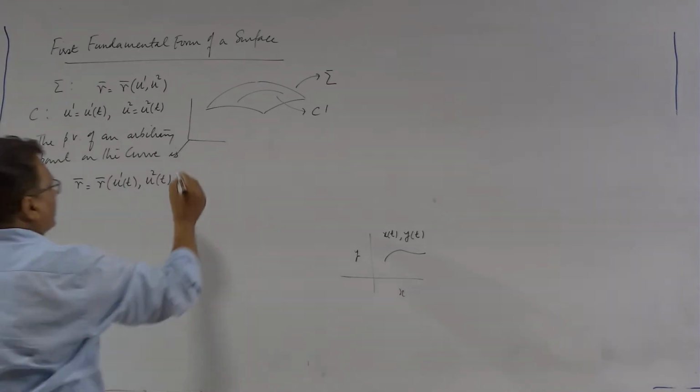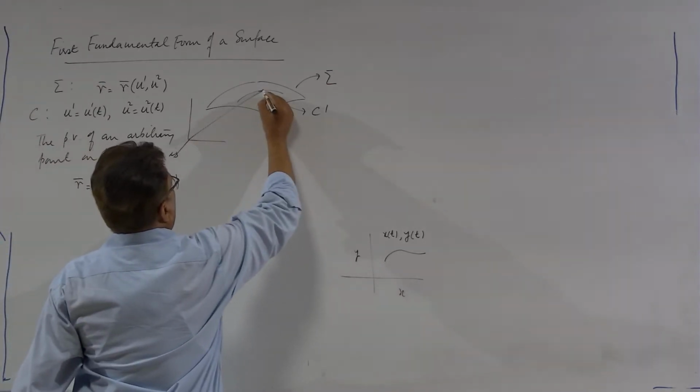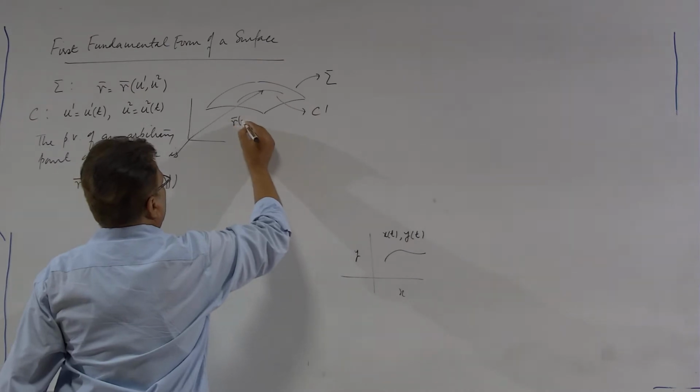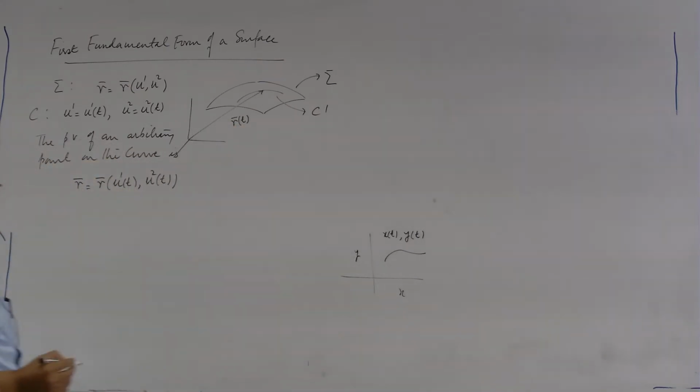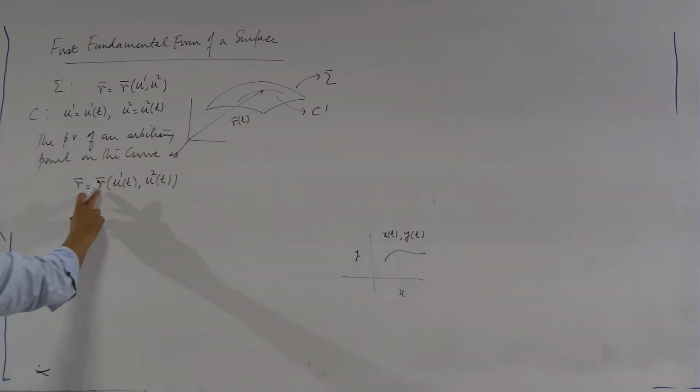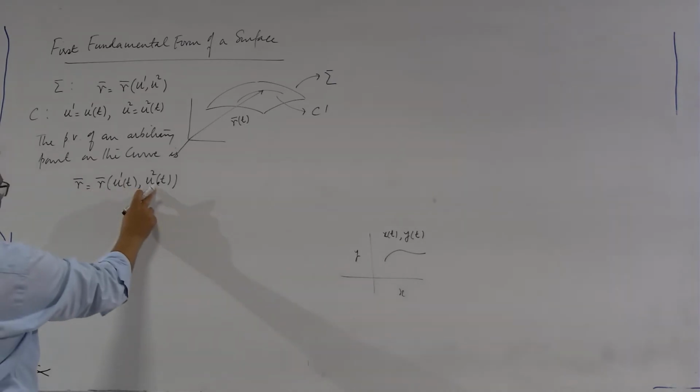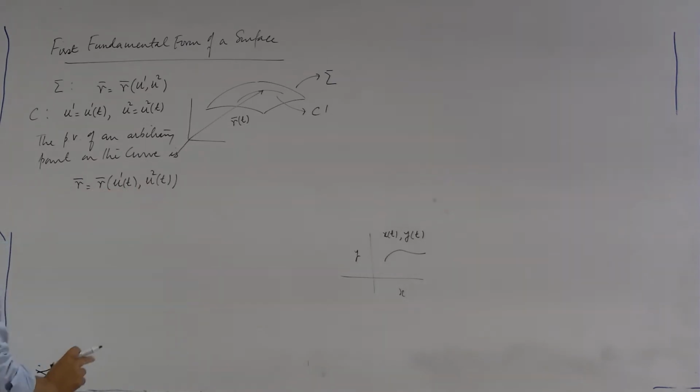If you restrict the vector r onto the curve, then it will become a function of t. So, you can see r is a function of u1, u2, u1, u2 are functions of t. So, r becomes a function of t.